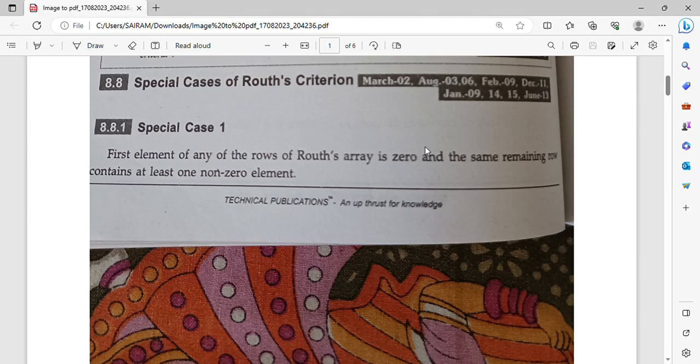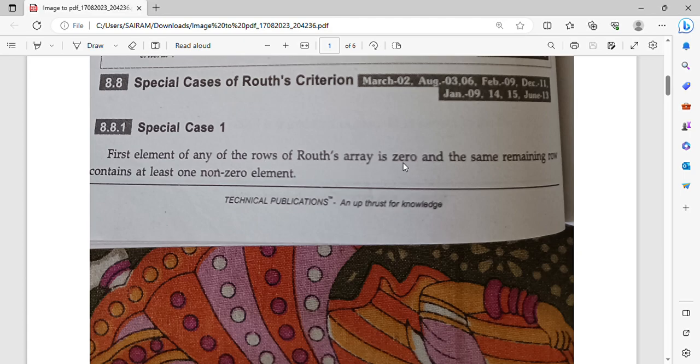So without wasting much time, let's go to the concept of special case 1. Special case number 1: the first element of any of the rows of the Routh array is 0.